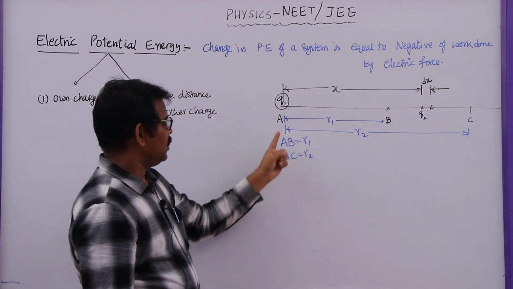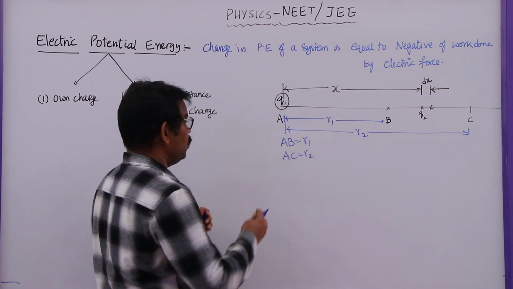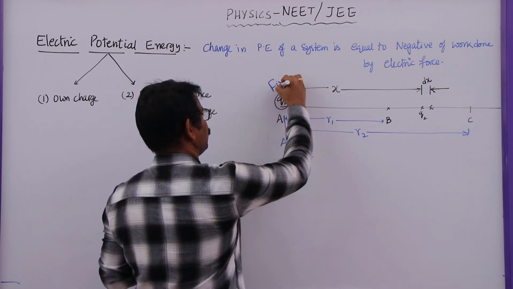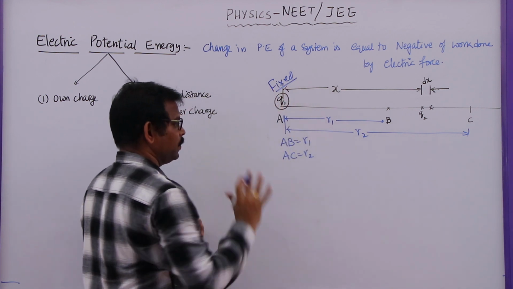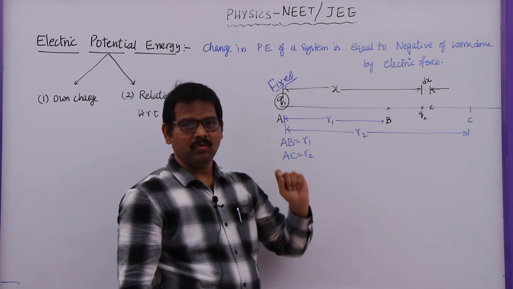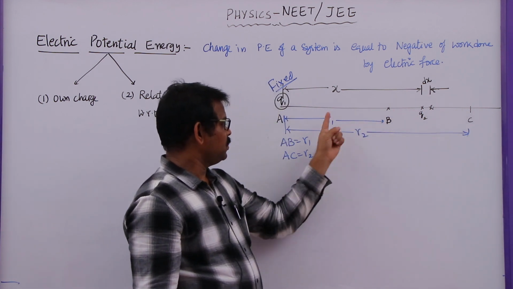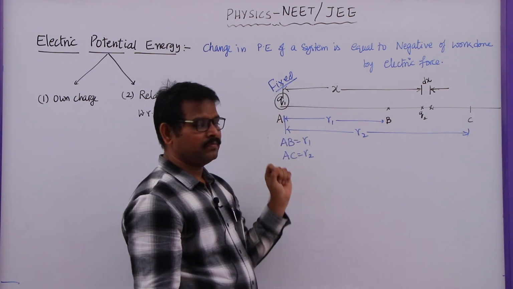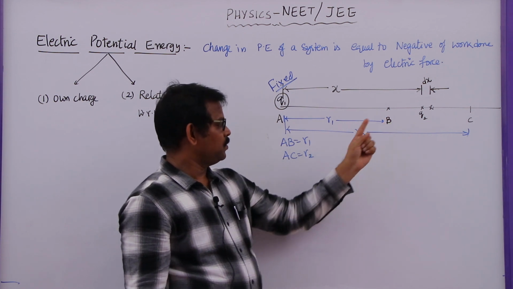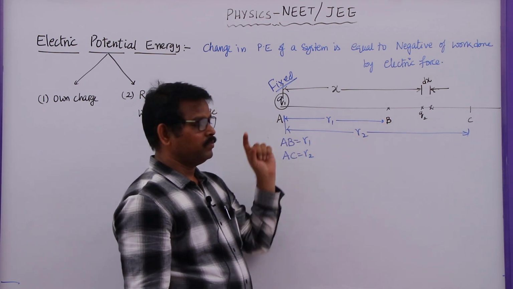Here in this case I have taken a charge Q1 which is fixed here. Let us say Q1 is fixed, it is not moving, and I want to move a charge from B to C. So B is a point at a distance R1 from the fixed charge, and C is a point at a distance R2 from the fixed charge.